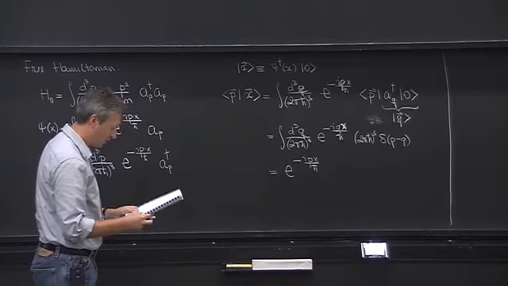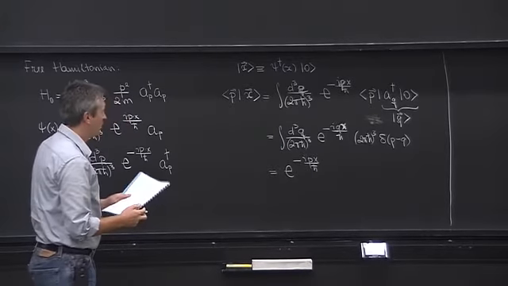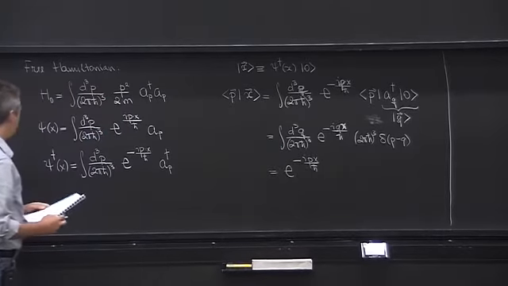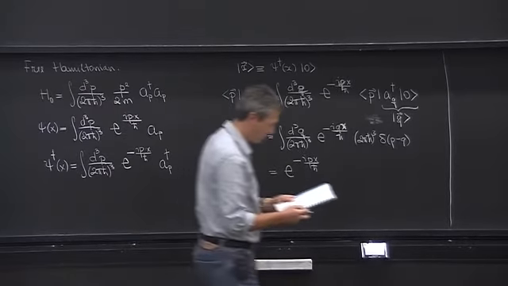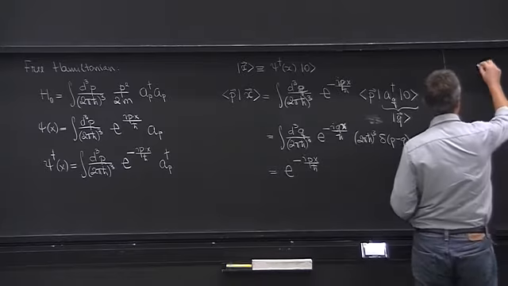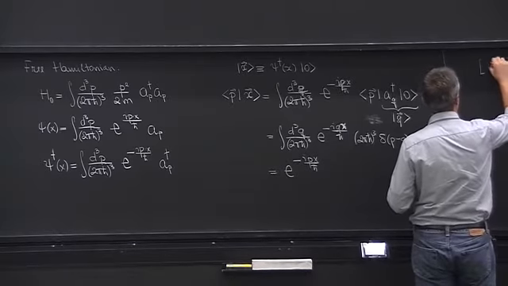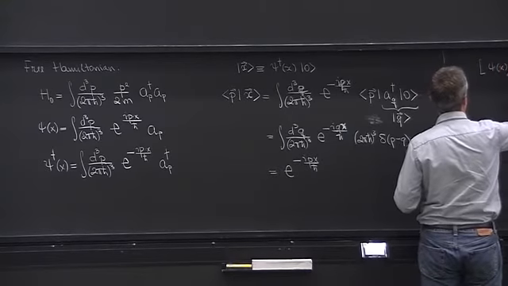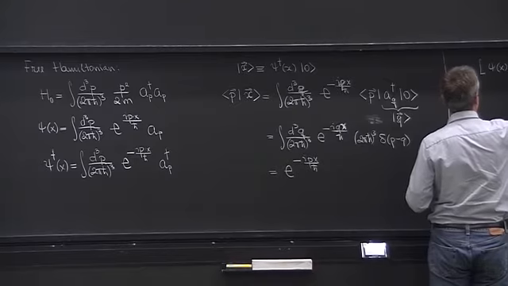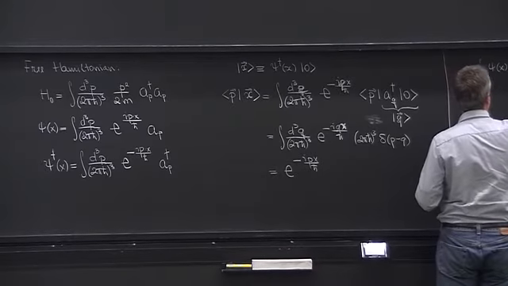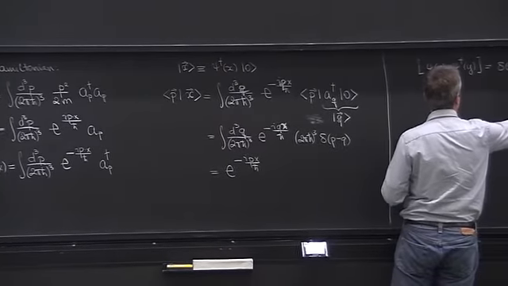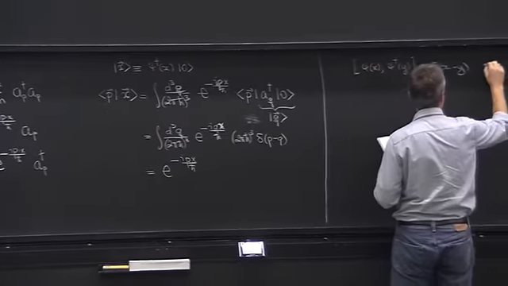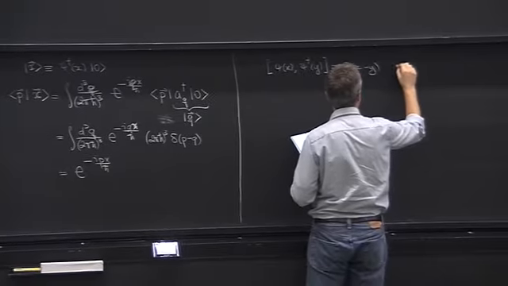So this is the conclusion of this calculation. We can also figure out what the commutation relations of the field operators are. If you commute psi of x with psi dagger of y, what we get is the delta function of x minus y.